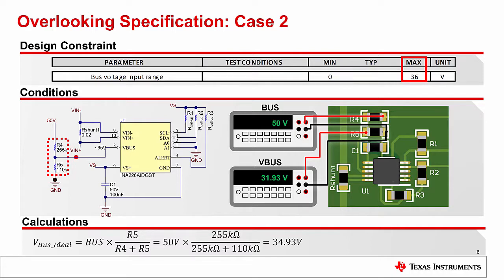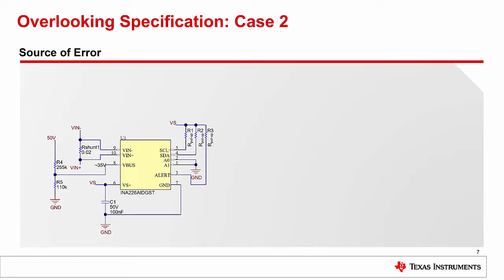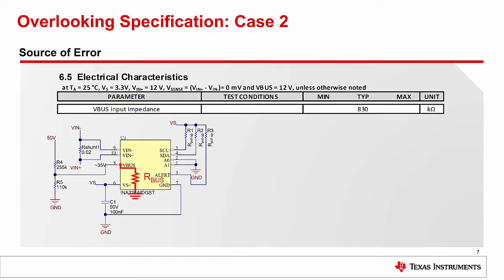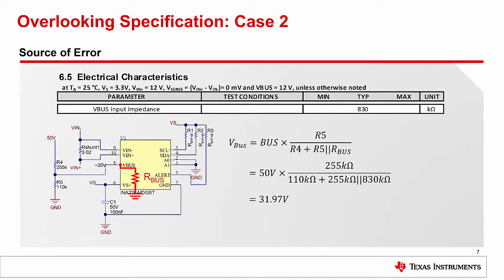So, what specification are we overlooking? In this particular case, we should have considered the bus input impedance, which, in this instance, is a resistance. After accounting for the typical INA226 bus resistance, we calculate 31.97 volts for an expected bus voltage, which is pretty close to what we measured.